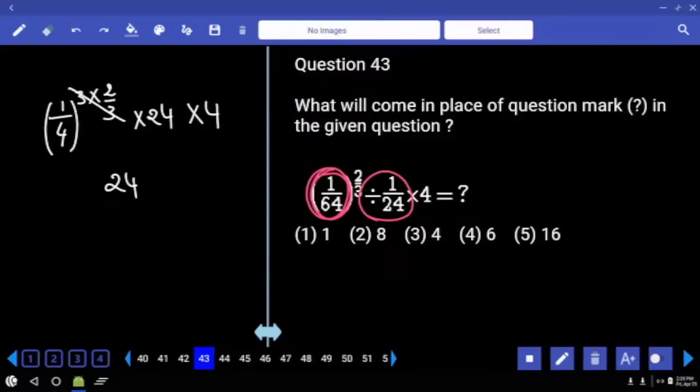So finally we have 24 into 4 by 4 square, 4 gets cancelled for 6 times.